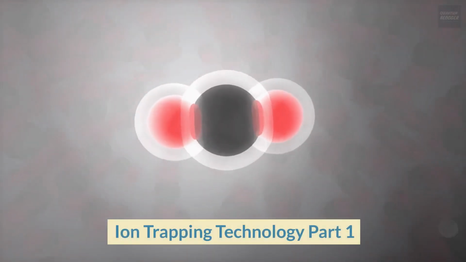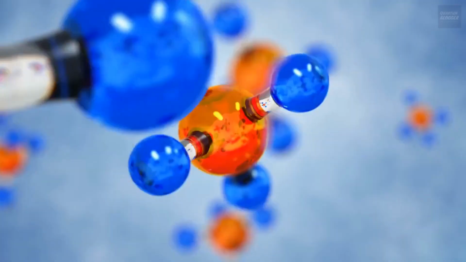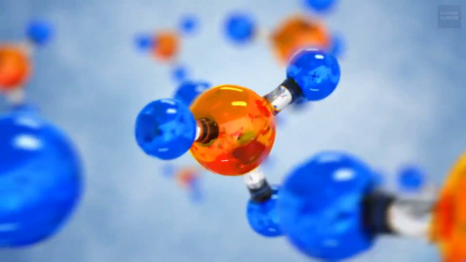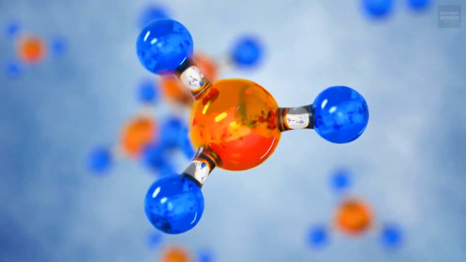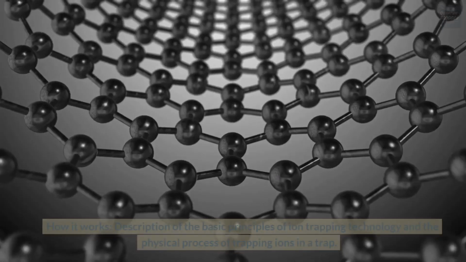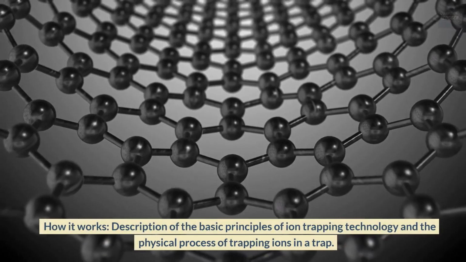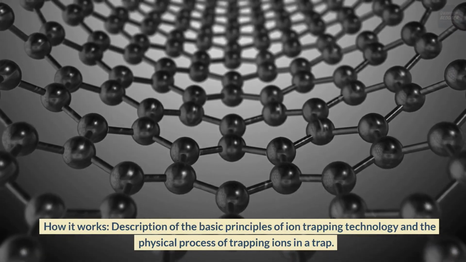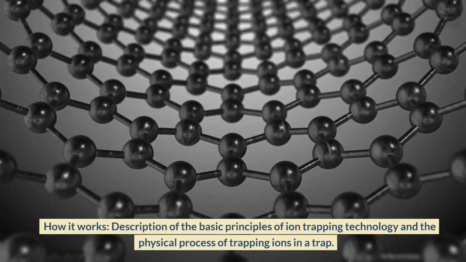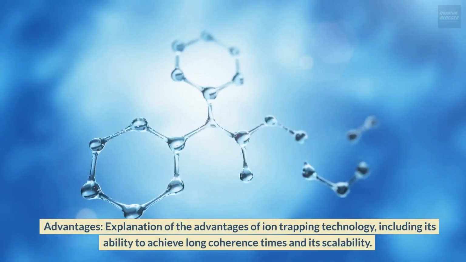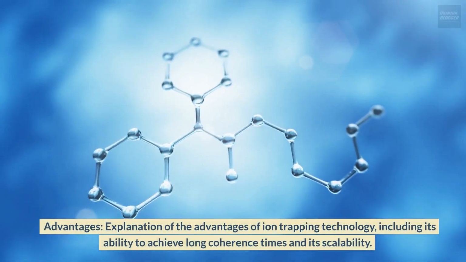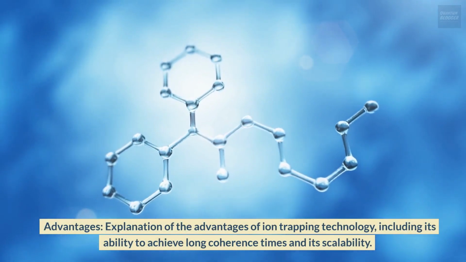Ion trapping technology, Part 1. Introduction: an explanation of what ion trapping technology is and why it is an important area of research in quantum computing. How it works: a description of the basic principles of ion trapping technology and the physical process of trapping ions in a trap. Advantages: an explanation of the advantages of ion trapping technology, including its ability to achieve long coherence times and its scalability.